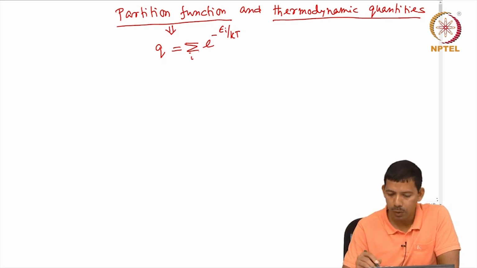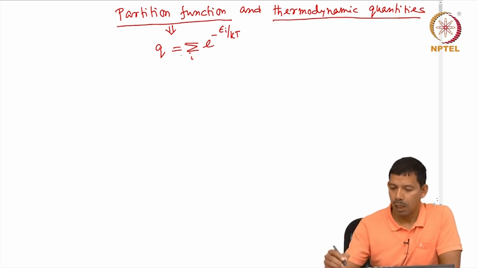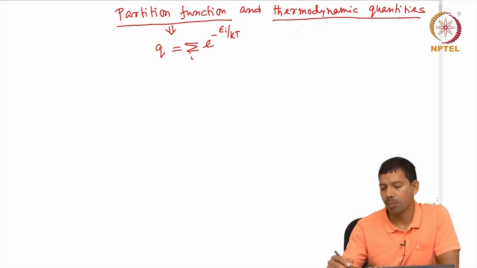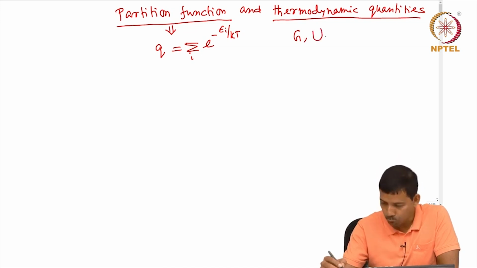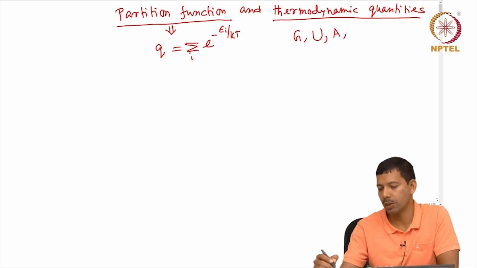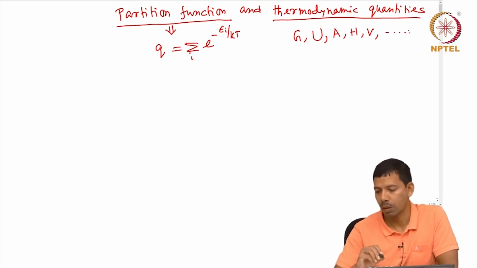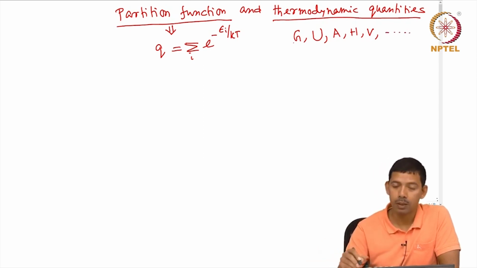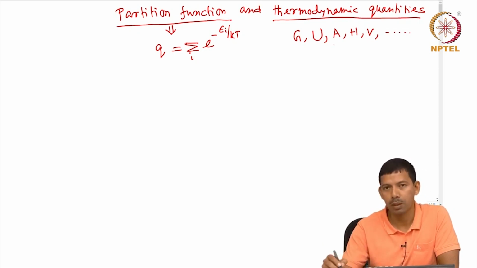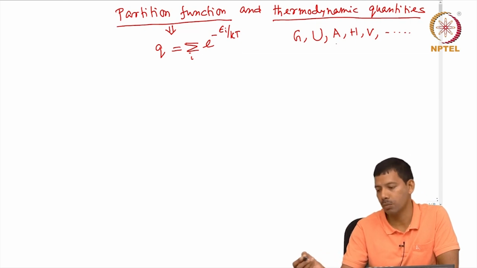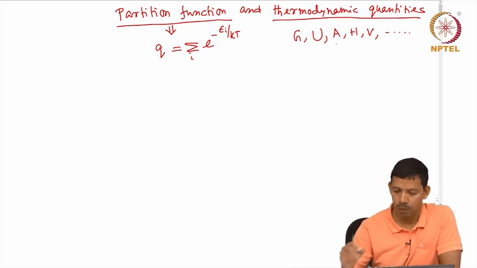So the partition function Q gives you the microscopic information of the system. And thermodynamic quantities, for example, total energy, potential energy U, Helmholtz free energy A, enthalpy H, even volume V, and so on, are the macroscopic quantities. So today we are trying to link the microscopic Q with the macroscopic quantities G, U, A, H, V, and so on.